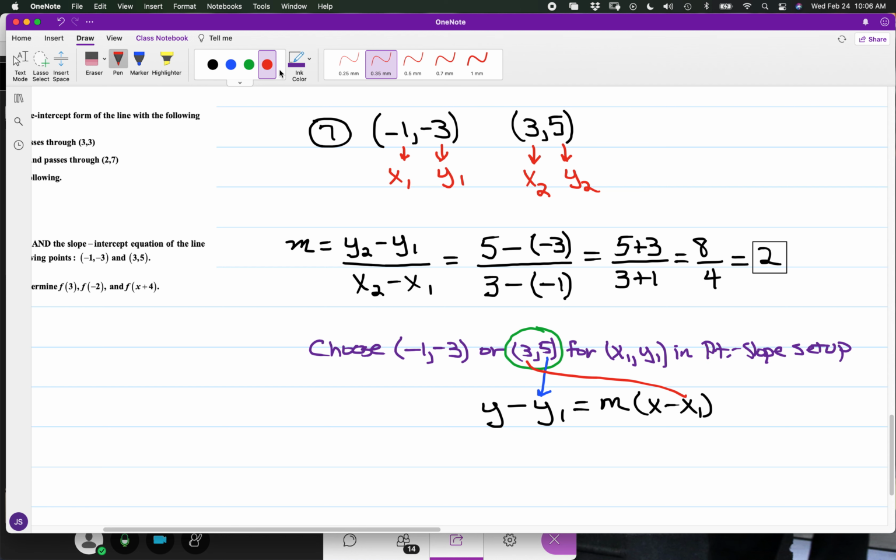And we just determined the slope. So just filling in, you have y minus y1, so you have y minus 5. The slope m we have at 2, and we have times the quantity of x minus 3.